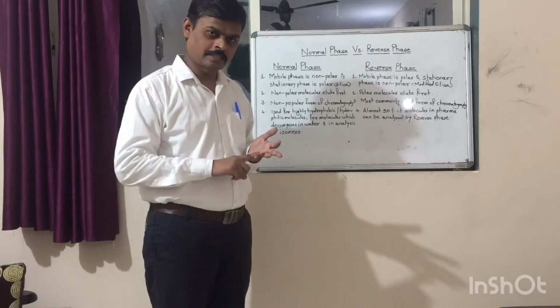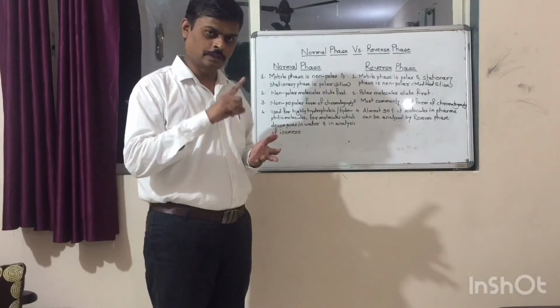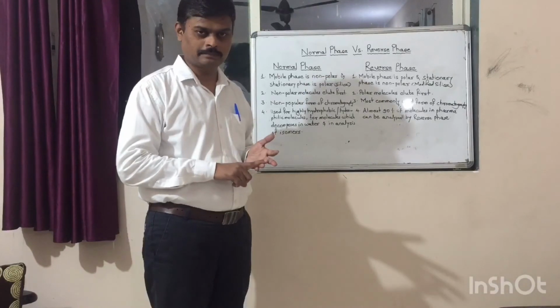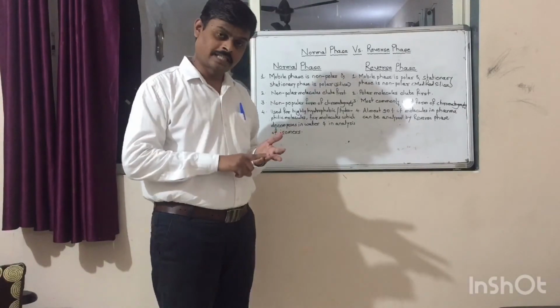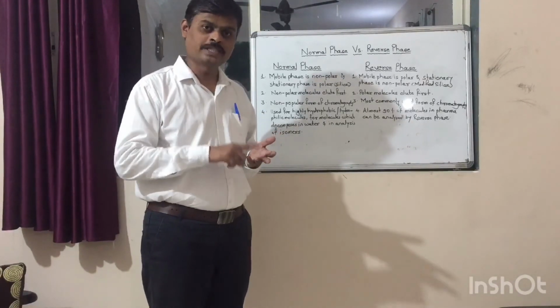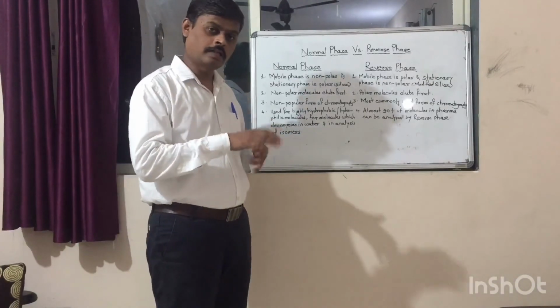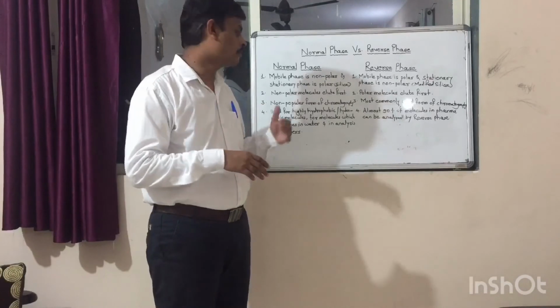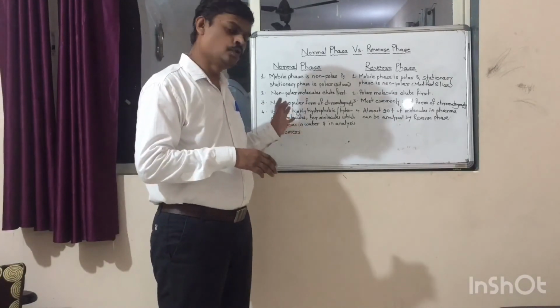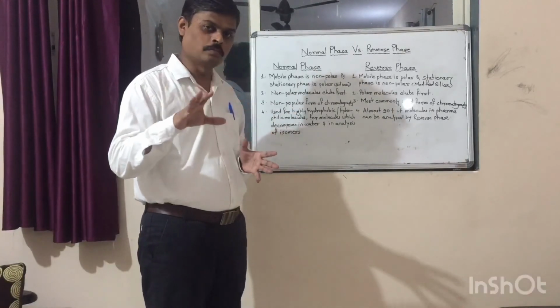But normal phase chromatography is used for those molecules which are unstable in water or which dissociate in water. Another important use of normal phase is in the analysis of isomers.